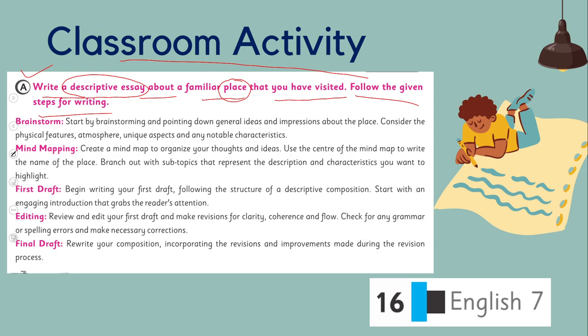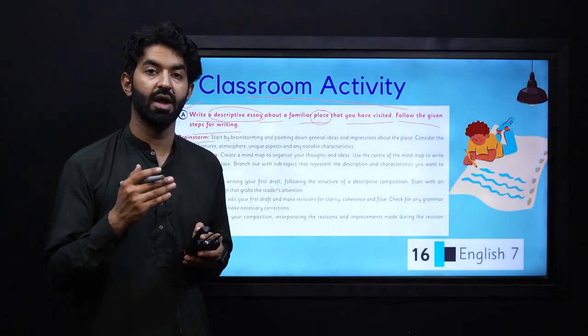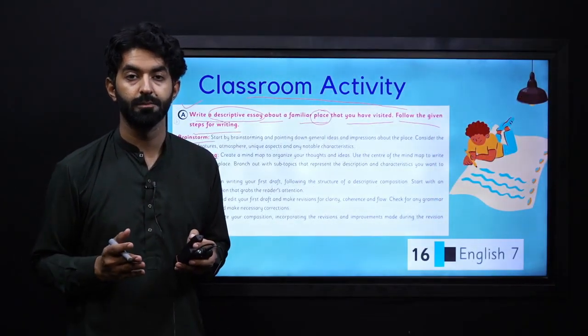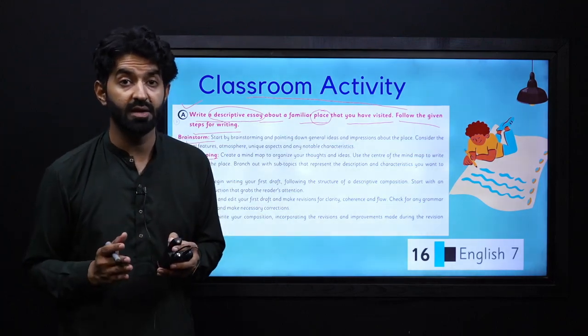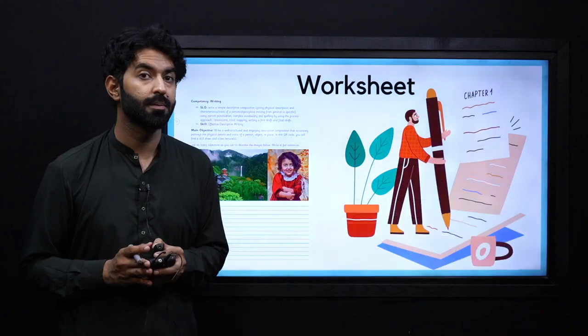You will follow the pre-writing techniques like brainstorming or mind mapping, and in the drafting part of the process approach of writing, you will write the first draft, then edit it, and finally write the final draft after editing and proofreading it. Now, this is all about the process approach of writing that you are already familiar with.